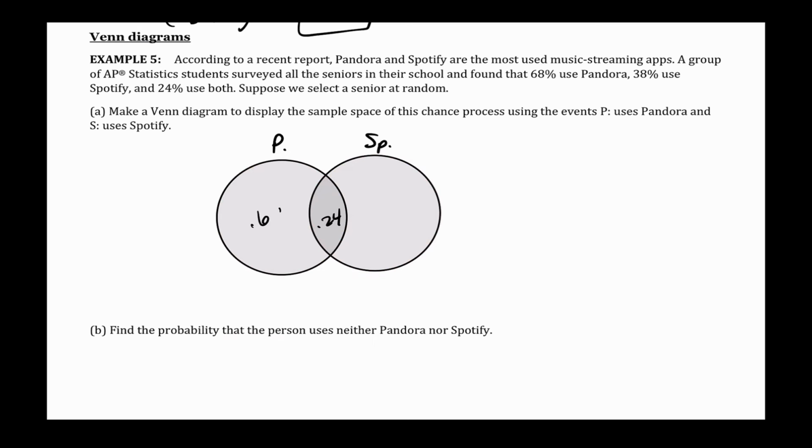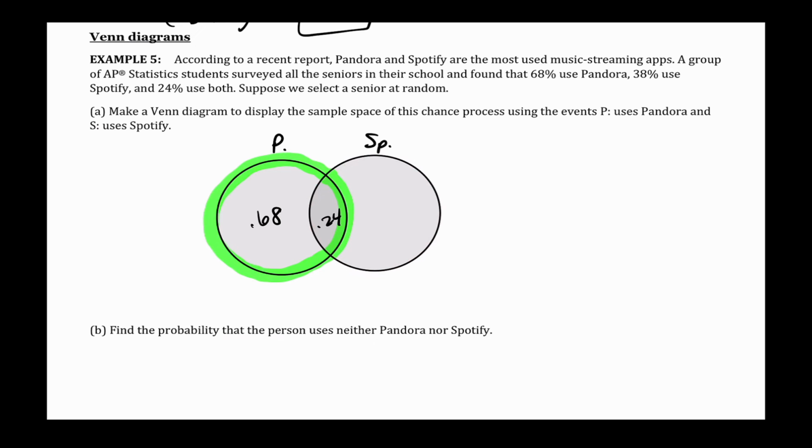So do I write 0.68 like this? Or is it something different? Yeah, most people will do this, what I just did. Why is that wrong? Well, remember, this whole circle here is Pandora.